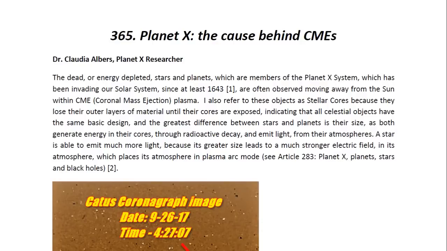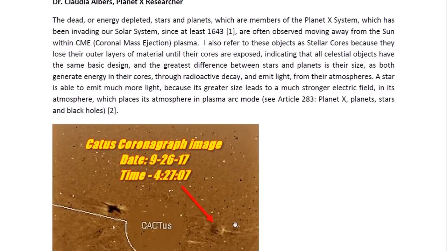A star is able to emit much more light because its greater size leads to a much stronger electric field in its atmosphere, which places its atmosphere in plasma arc mode. You may look at article 283, entitled Planet X, Planets, Stars, and Black Holes, for more details.